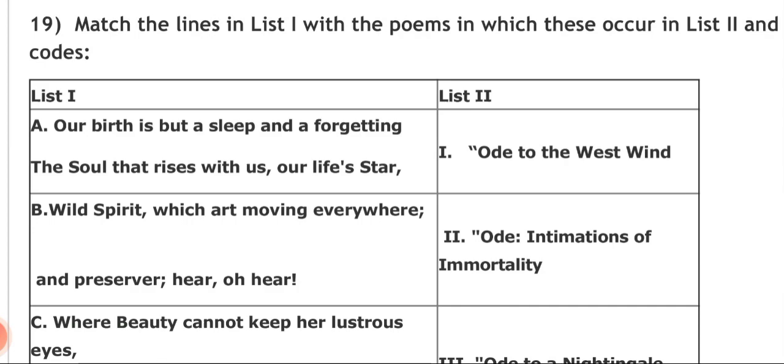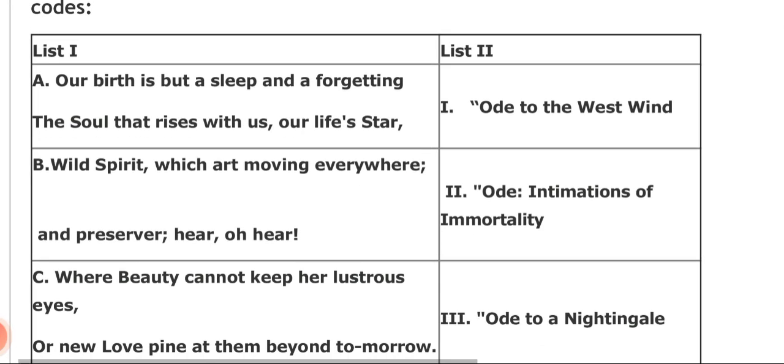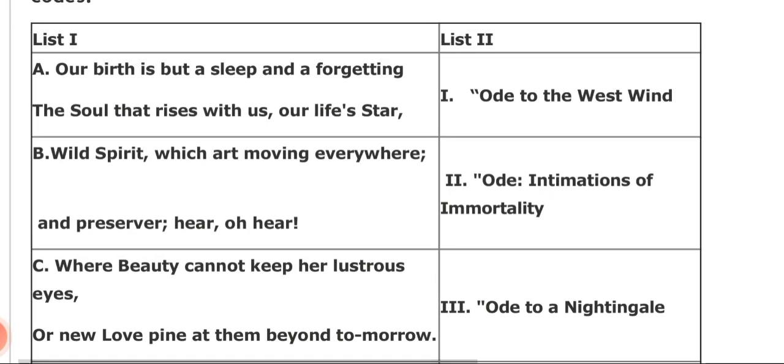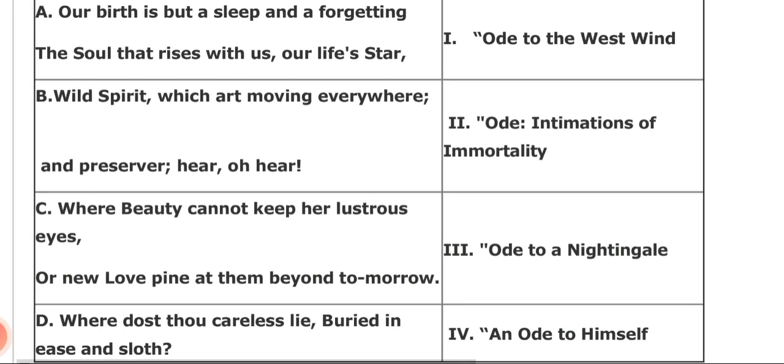C, "Where beauty cannot keep her lustrous eyes, or new love pine at them beyond tomorrow"; number 3 is given, Ode to a Nightingale. So which one will be the correct one? D, "Where dost thou careless lie, buried in ease and sloth"; number 4 is given, Ode to Himself. If you don't know these poetic lines, then you cannot answer it.